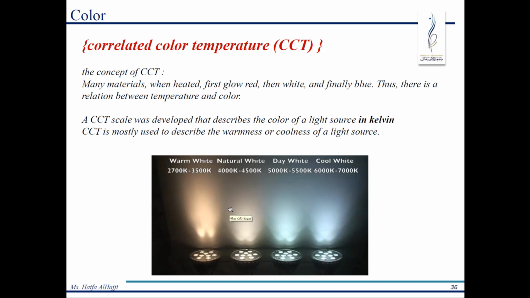If you wanted a warmer light, it was a lower number, more like 3000 kelvins. If you wanted a cooler light, it was more like 5000 kelvins or even more. So in general, the CCT scale just describes the warmness or coolness of a light source.